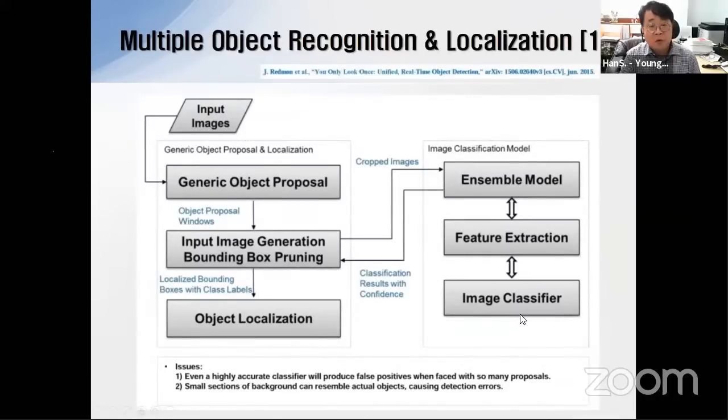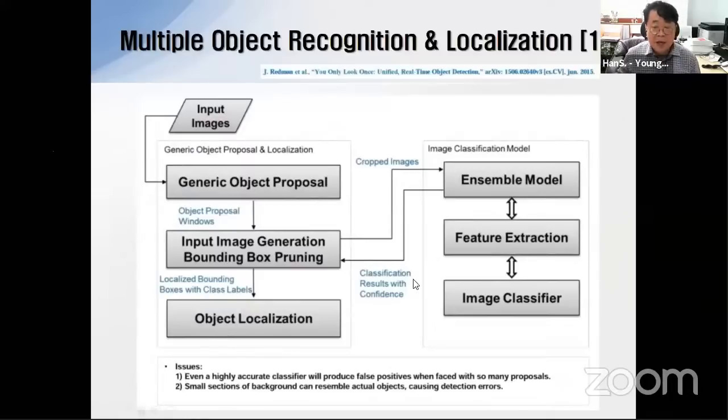The multiple object detection and localization consists of this architecture in general. In input images, you need to find the object candidates. There's a generic object proposer, and using the input images, you generate bounding boxes, prune unnecessary bounding boxes, and localize the object.